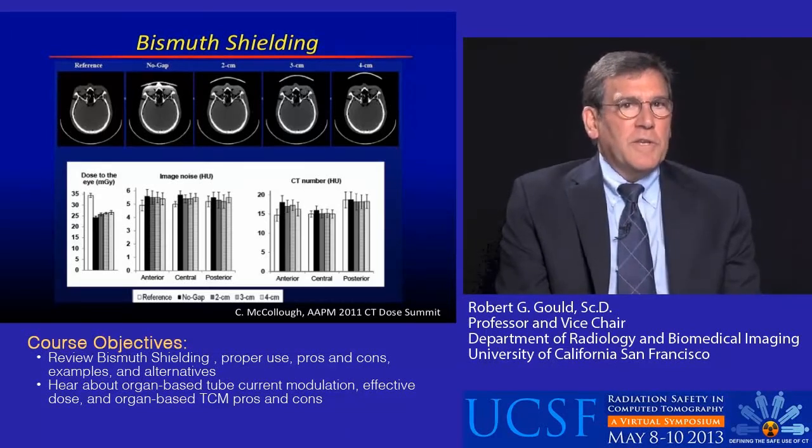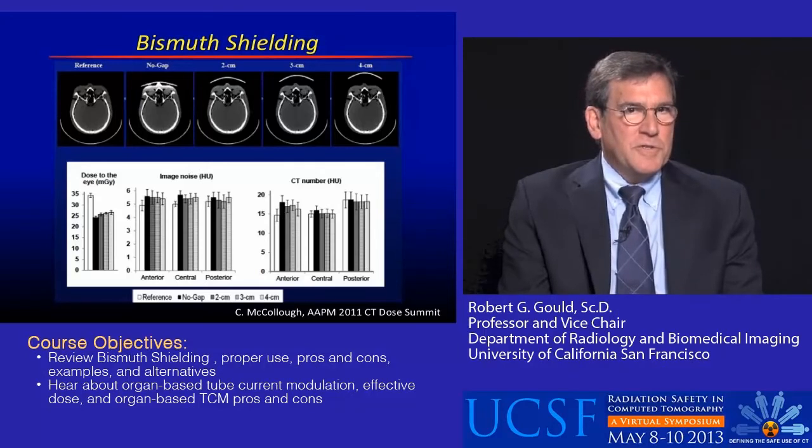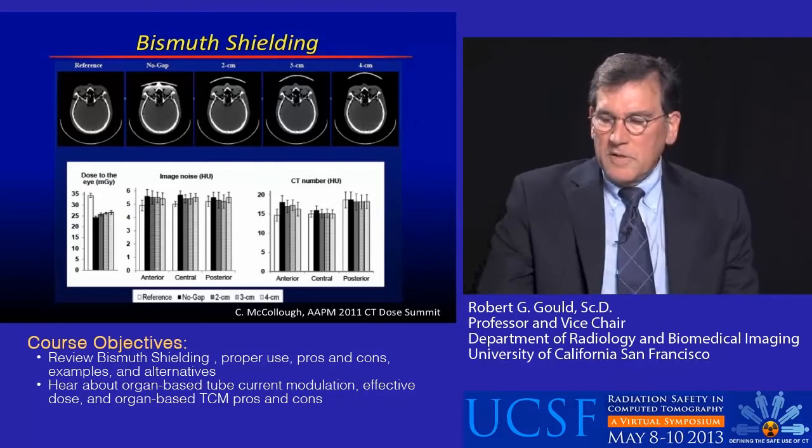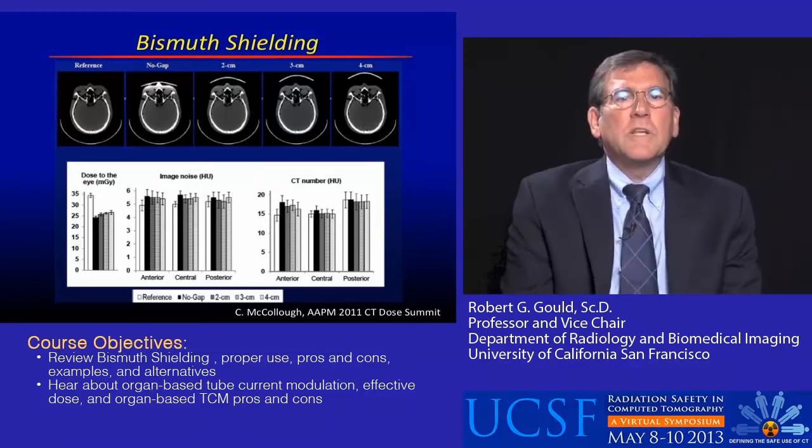This resulted in about a 30% reduction in the dose, and depending on where the shield is placed, you see that the artifacts produced when it's right in contact are very much reduced. Usually about 2 centimeters is the distance that is used clinically.